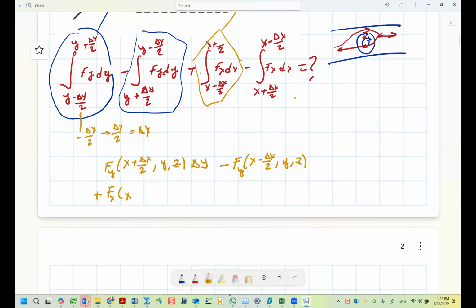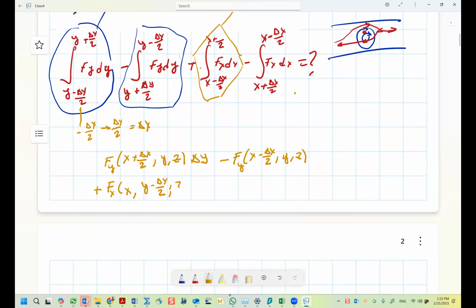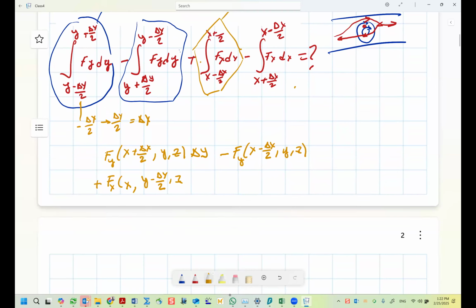Fx from x, comma, y minus delta y by 2, comma z. Then multiply by delta x, minus fx of x, y plus delta y by 2, z. Okay, so the integrals come out to be that.